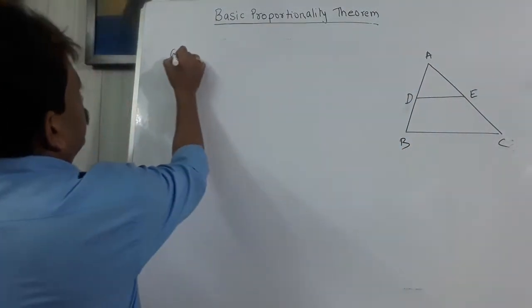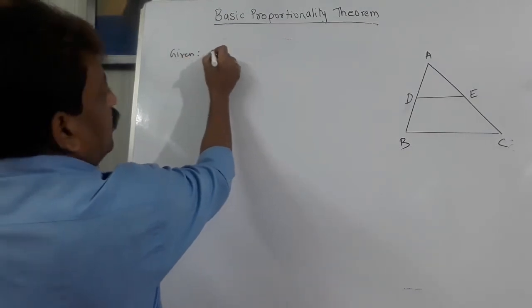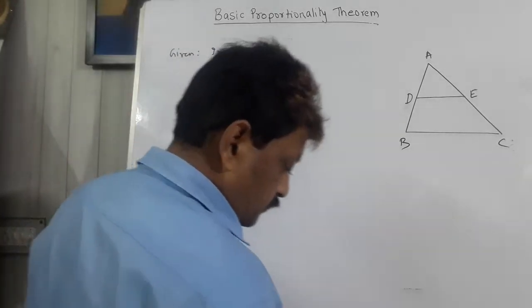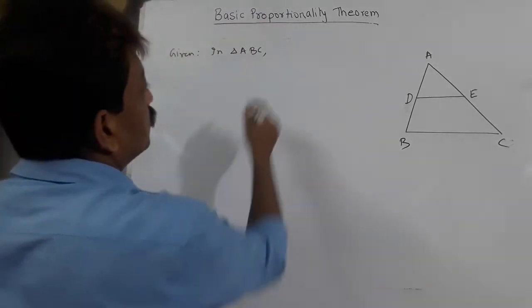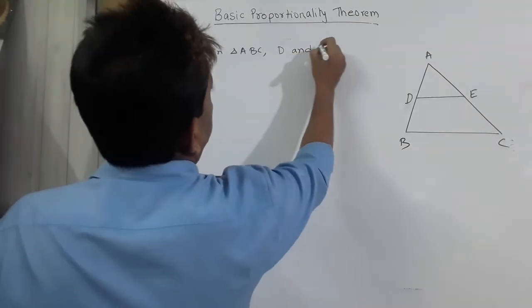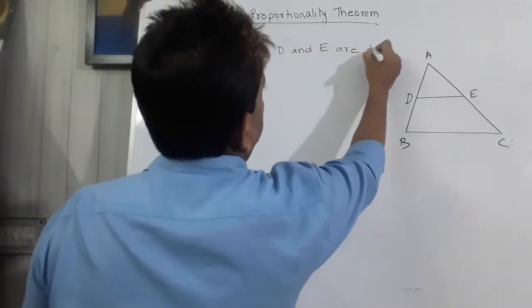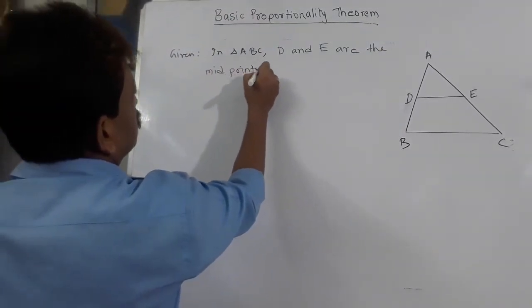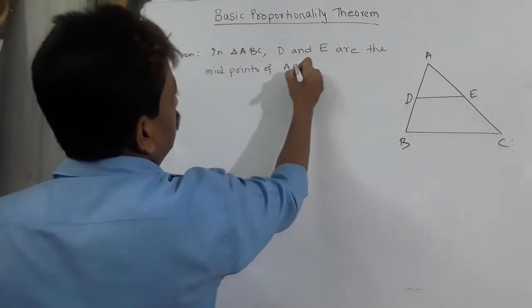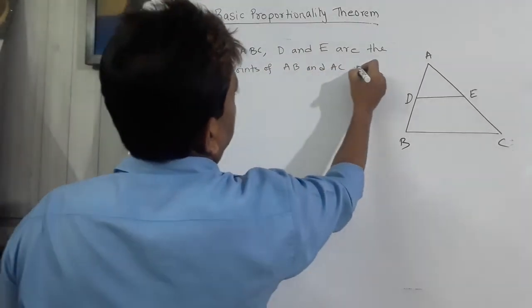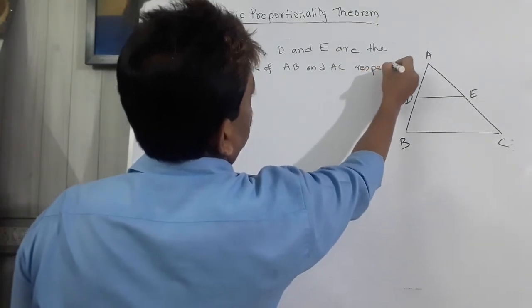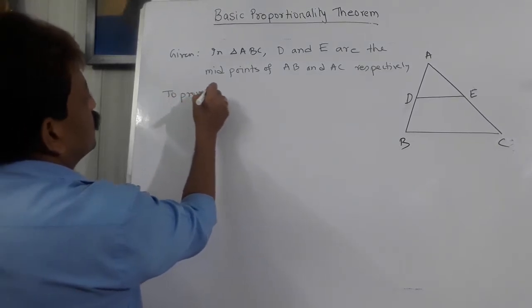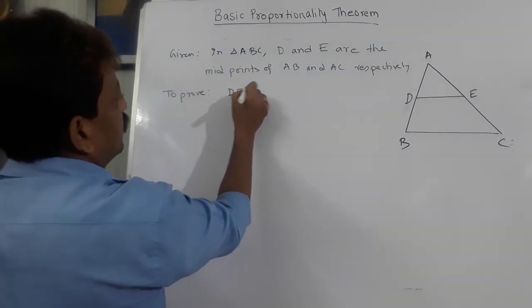So given, in triangle ABC, D and E are the midpoints of AB and AC respectively. To prove DE parallel to BC.